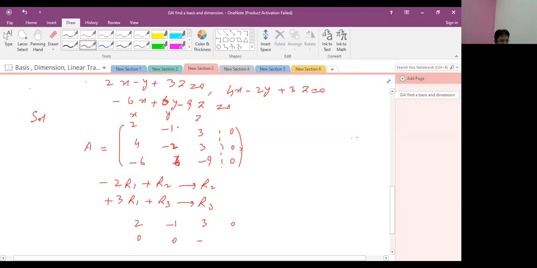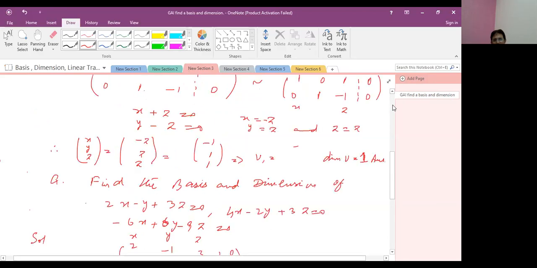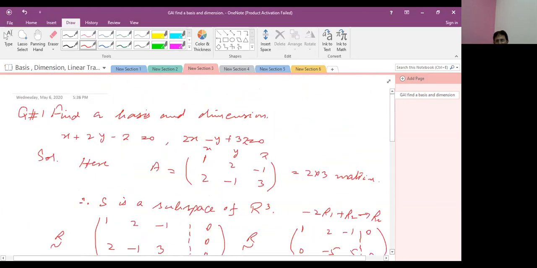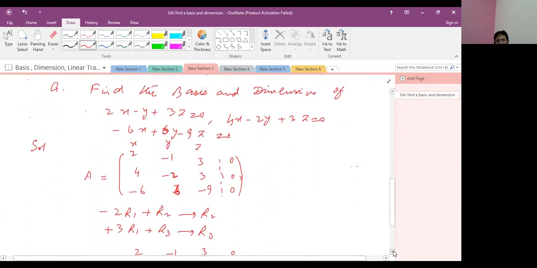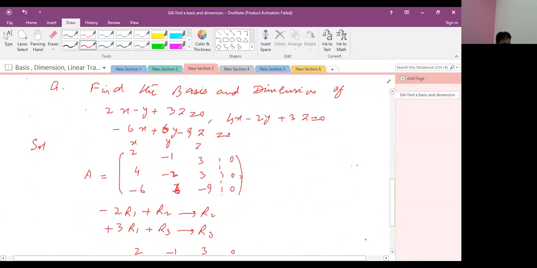The second equation, again we see, I have missed something. The first equation is 2x minus y plus 3z, 4x minus 2y plus 6z. I have a mistake.